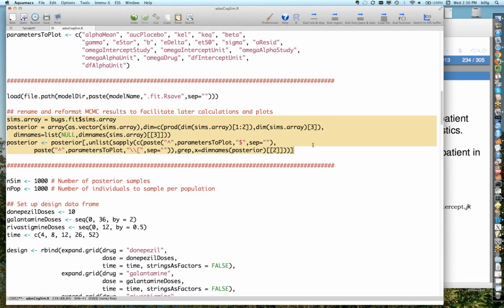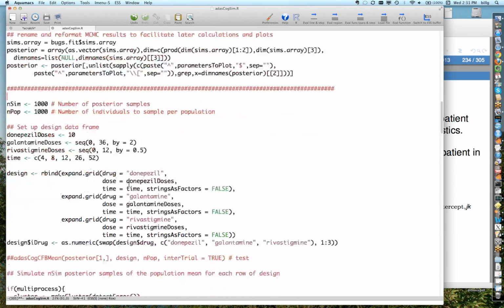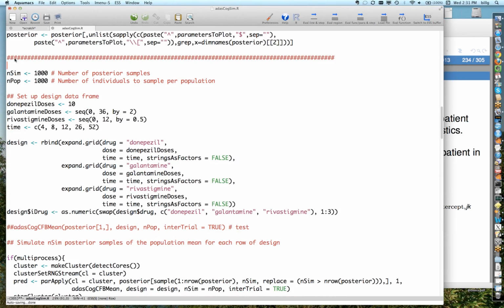This nonsense down here is, I guess, doing two things. One, converting the results in the Sims array part to a matrix, and only taking the subset of those which correspond to the parameters to plot items up here.